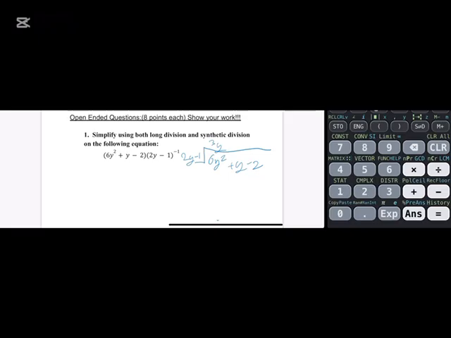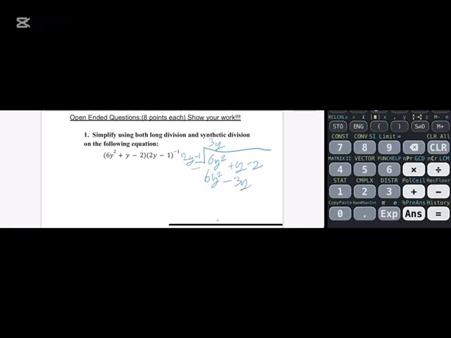So if we take this and multiply it by 2y minus 1, it's going to be 6y squared minus 3y. 6y squared minus 6y squared, and y minus minus 3y.